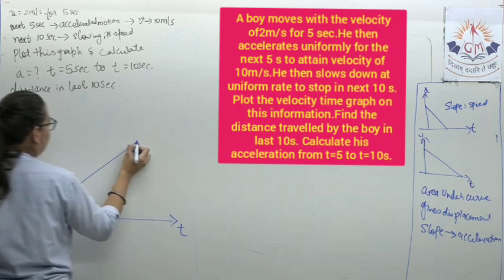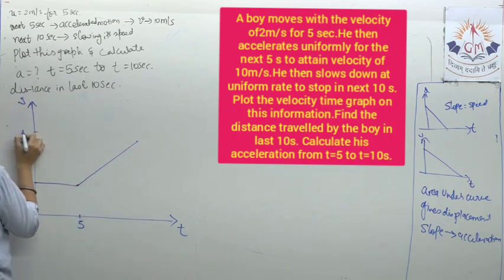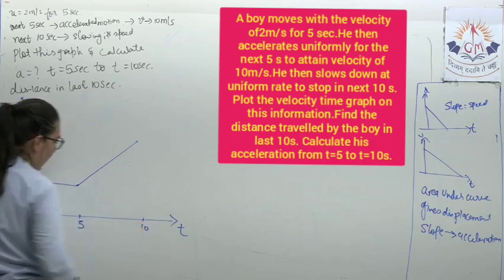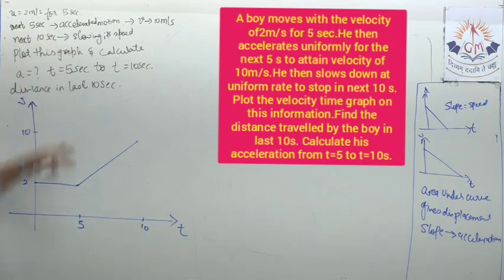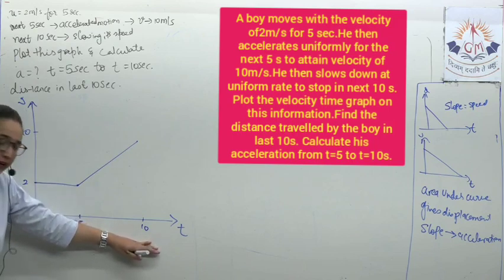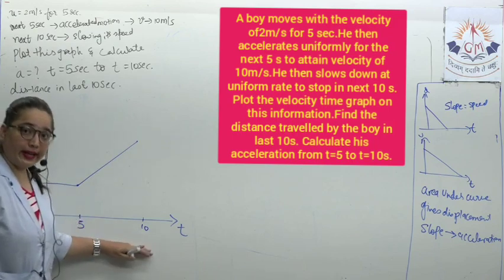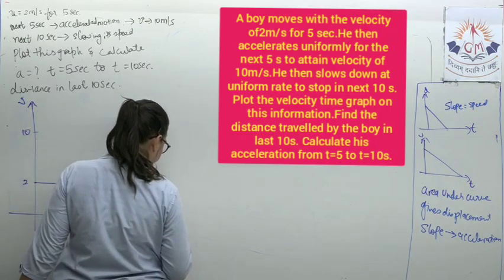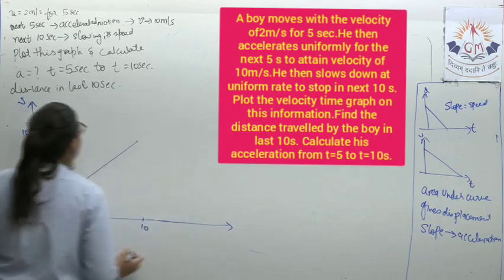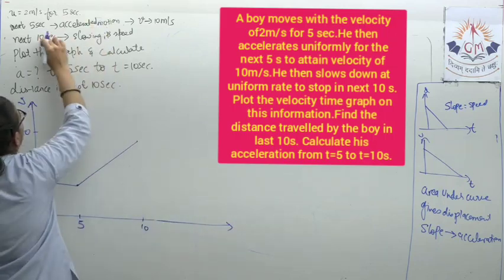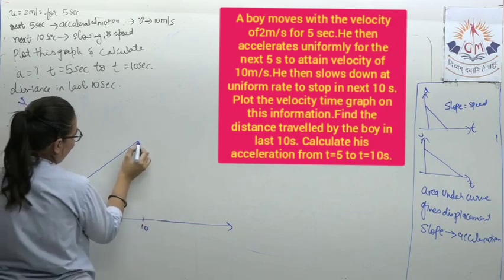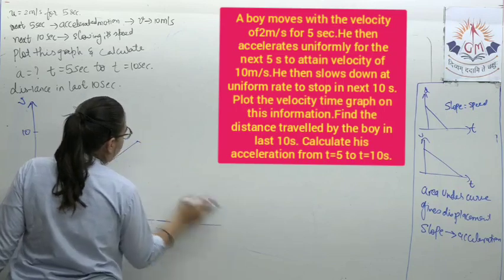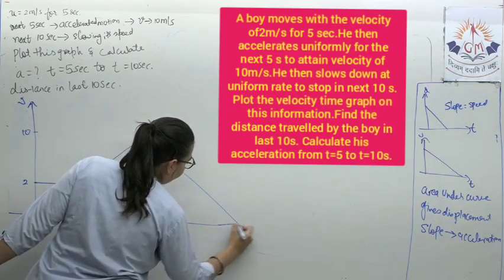In the next 5 seconds, here it will become 10, here it will be 10. I hope you are understanding. That means from 5 to 10, it is having accelerated motion. After that, it is gradually decreasing its speed in the next 10 seconds. So in the next 10 seconds, its speed is going on decreasing, so it is like this.